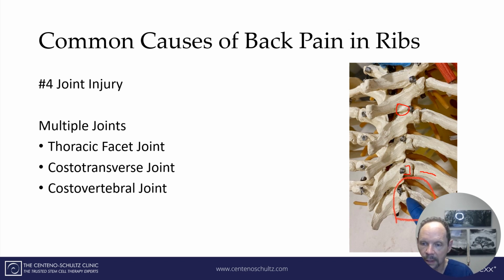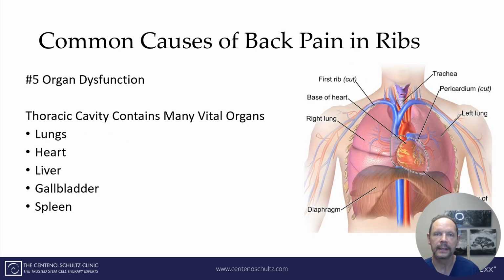The third is, as the continuation of the rib head, it forms a joint where it attaches to the vertebral body. Hence it's called the costovertebral joint. Any and all of these joints can be a source of significant pain and should be questioned or interrogated by your provider.